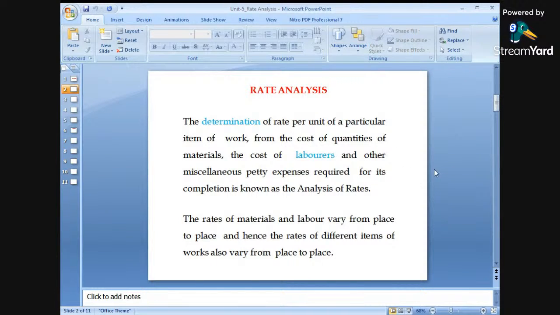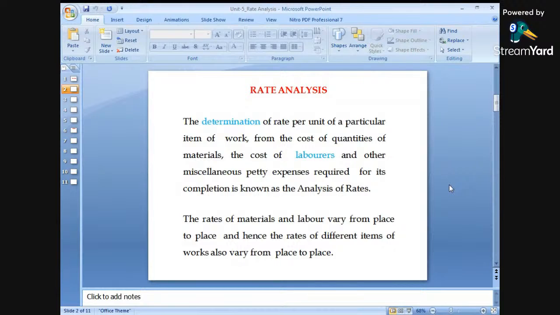So in this rate analysis, there are two things to be taken care of. First we have to find out the different quantities. In this case, first we are finding out the different quantities, and then we have to multiply them with the current rates.